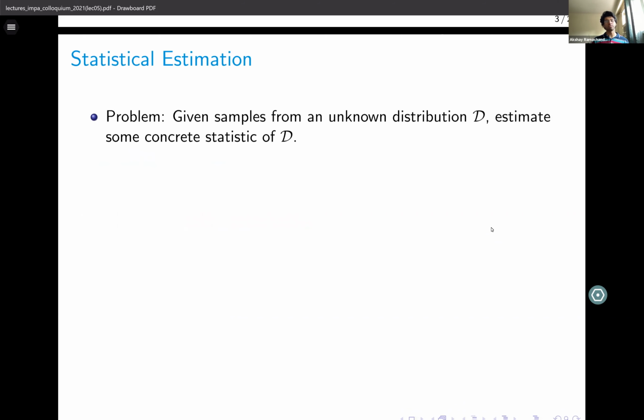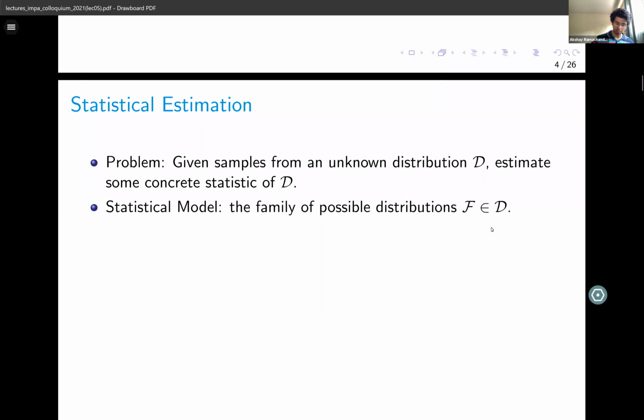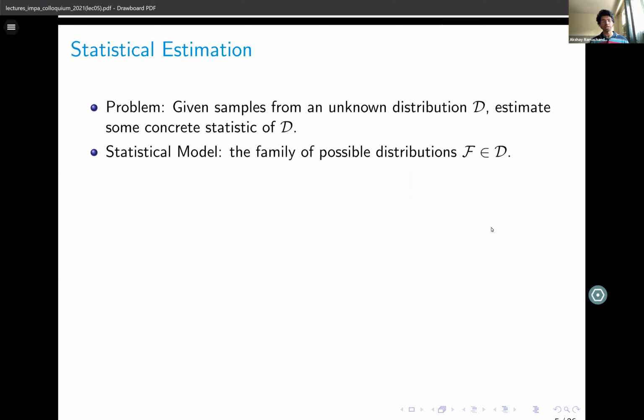Okay. And so what is statistical estimation? Statistical estimation is: you're given samples from some unknown distribution, D, let's say, and you want to estimate some property of D. Maybe the mean, maybe the variance, who knows. So you're given a bunch of samples and you want to estimate some concrete quantity. And what are the problems usually? They're defined by a model.